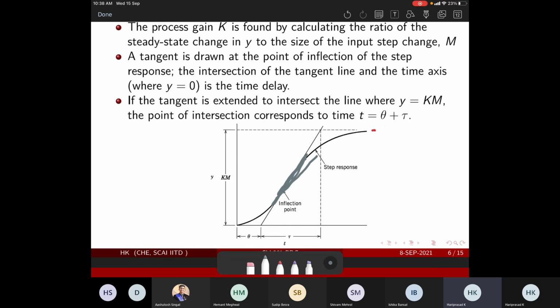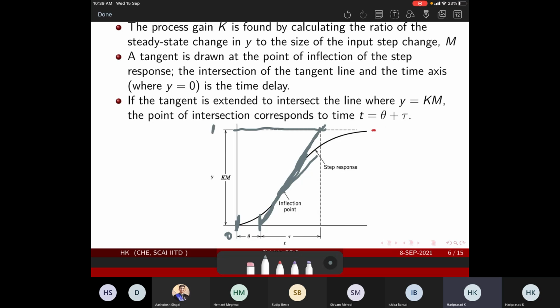So at the point of inflection, when you draw a tangent and draw it back, the point where it hits the x-axis, from the origin to that point, is the time delay. So this space would be the time delay. Of course, this would also go and hit over here, which is your overall y.